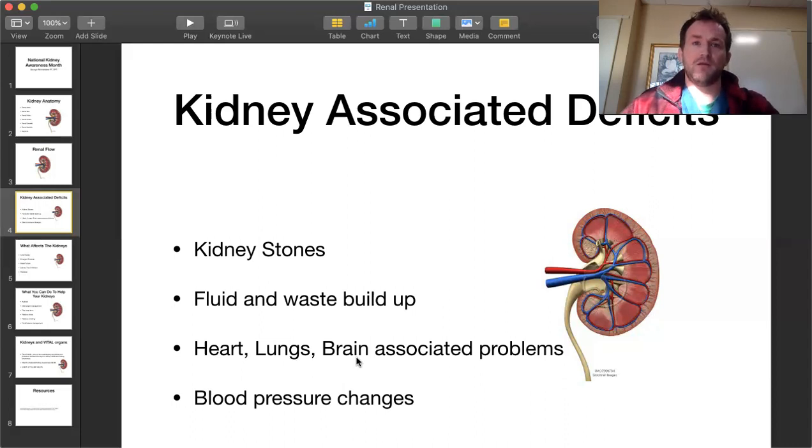If you've got a kidney infection or kidney stones or fluid backup, when those bad metabolites and toxins travel to the brain through the bloodstream, they can affect the brain's ability to process, leading to balance issues, leading to increased confusion, causing hormonal problems. There's a whole backflow that can occur from having kidney-associated brain problems.